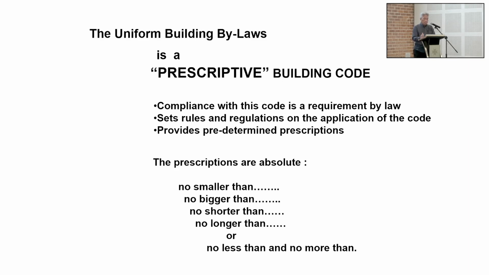So when I first came back to practice in 1990, to my surprise, the Uniform Building Bylaws was only 6 years old at that time. I was practicing in Australia for a few years before I came back, and over there we were using the Victorian building regulations, the Australian standards, and all these things. I traced back the dates to the 1920s, 1930s, 1940s. And then I came back to Malaysia, Uniform Building Bylaws, 1984. Wow, it's only 6 years old.